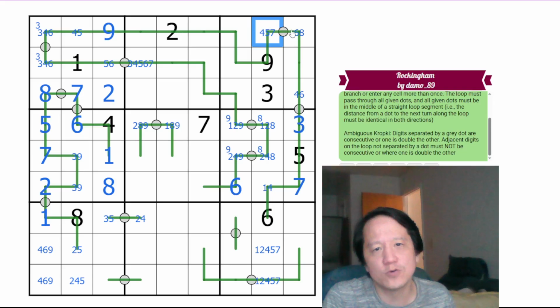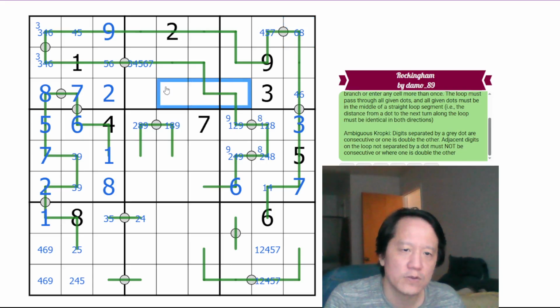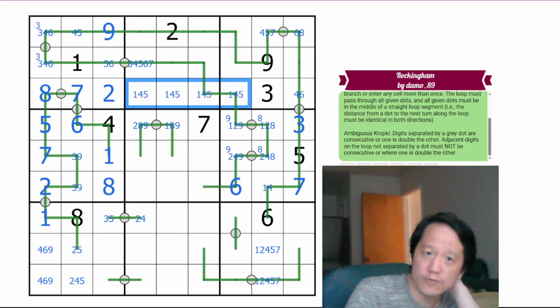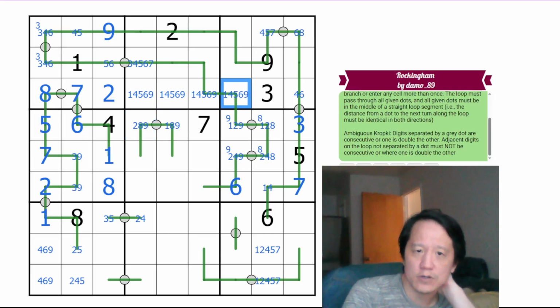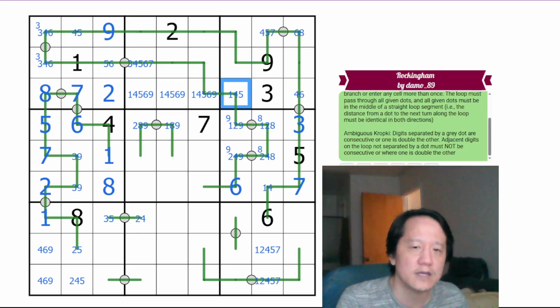So you could have 4 and 8 here, 5 and 6, 5 and 7 and 6, or 7 and 8. And those are all possible. Remaining digits of row 3, we have 1, 4, 5, 6, and 9 available. No 9 or 6 here because of 9 in the box and 6 in the column.